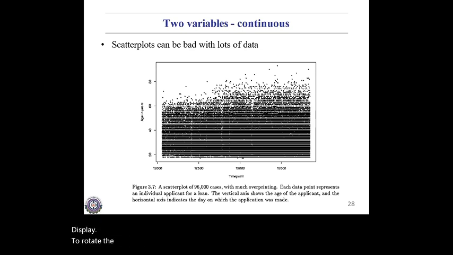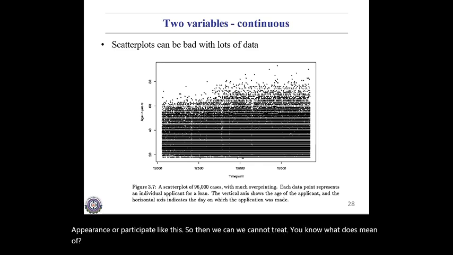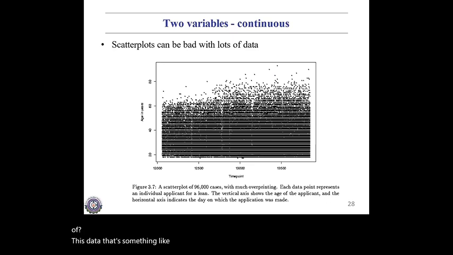Otherwise, we will get a bad display like this, so we cannot read what this data means. We cannot get knowledge or information from this because it is too bad. We cannot see the pattern and so on.